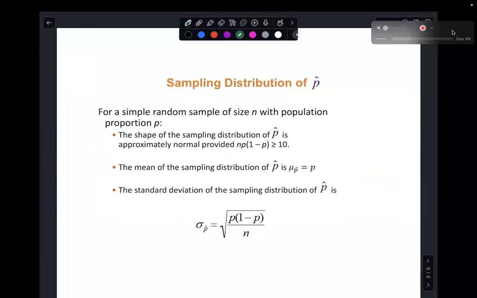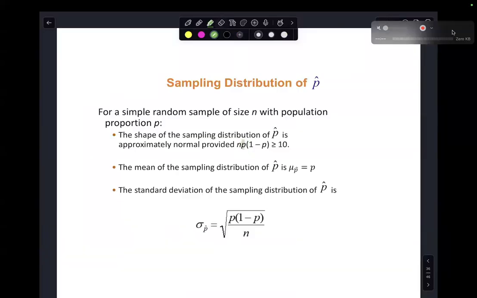All right. Okay. So these are the things we need to look at when we're dealing with the sampling distribution. We've seen this before. We can only state that the distribution is approximately normal if n times p times 1 minus p is greater than or equal to 10. What this is telling me is that I need a big enough sample so that I can have enough successes and failures.